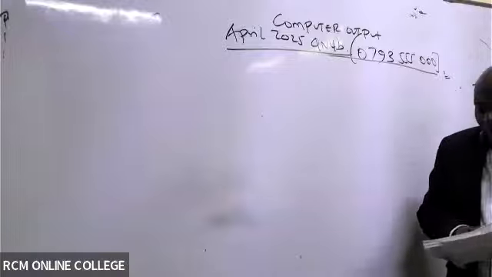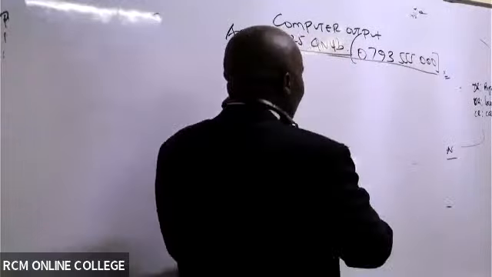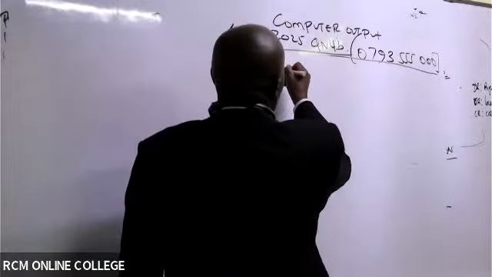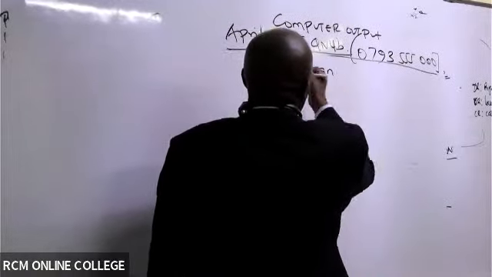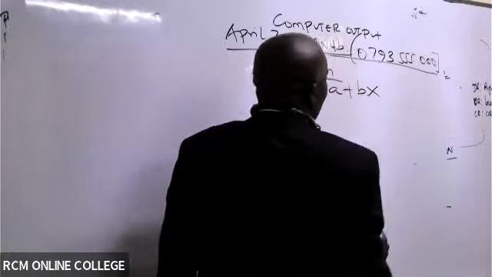When I do my regression analysis, the cost to be estimated, you see this is a multiple regression equation. A simple equation goes like this: Y equals A plus BX.